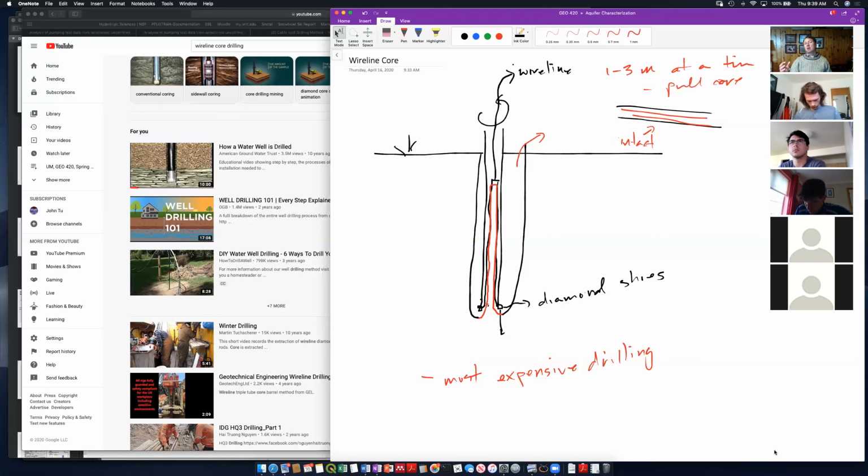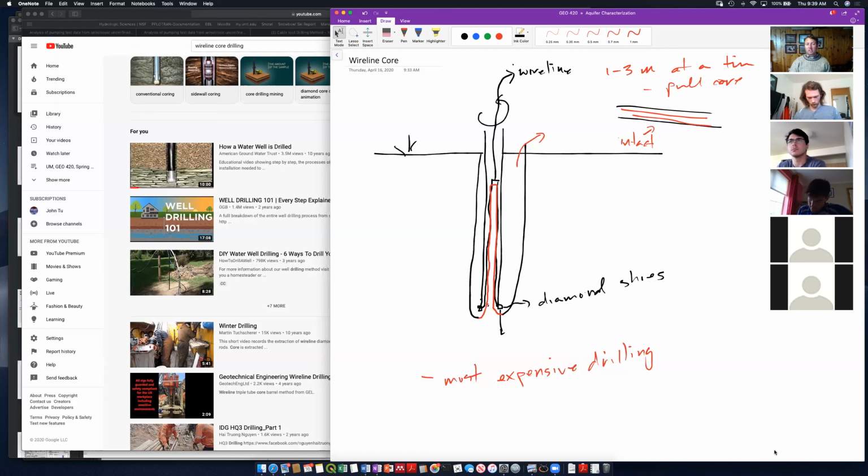And then I can trip back out, put another tricone on, go another 200 feet, and then core again. And so a lot of, especially oil companies or science boreholes, will core only over given intervals of interest and then drill with a tricone the rest of the time.